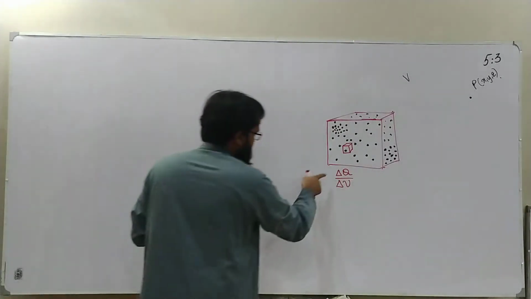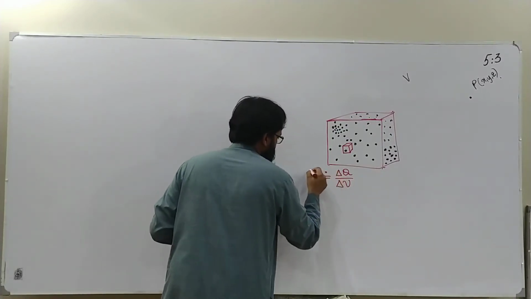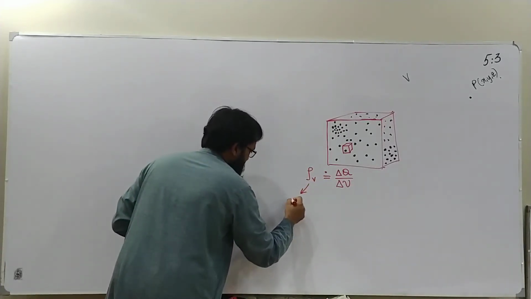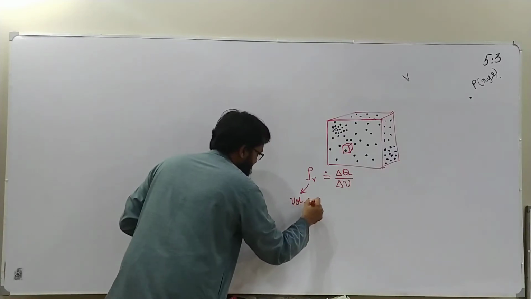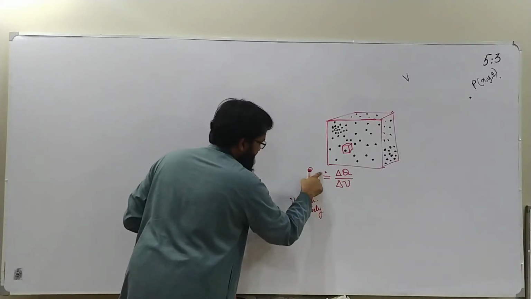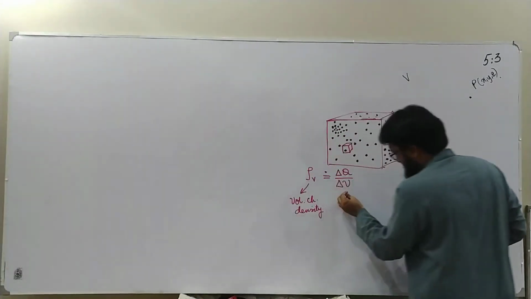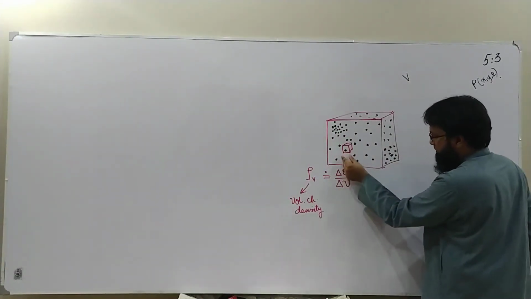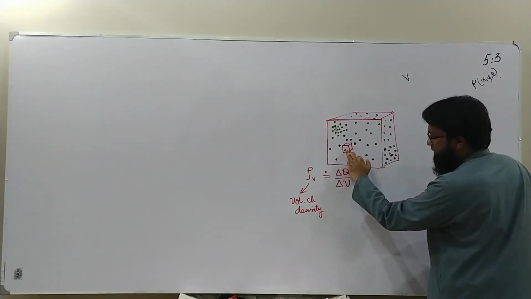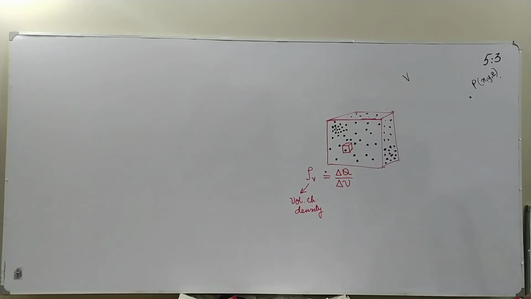So if we take the ratio, charge per unit volume, this will be almost equal to the entity which we represent as rho V, and call volumetric charge density. This is not exactly equal, it is almost equal. Why? Because if I move this red box around, this box can occupy one charge within itself, or if I move it somewhere else, it will occupy 4 charges or 3 charges.